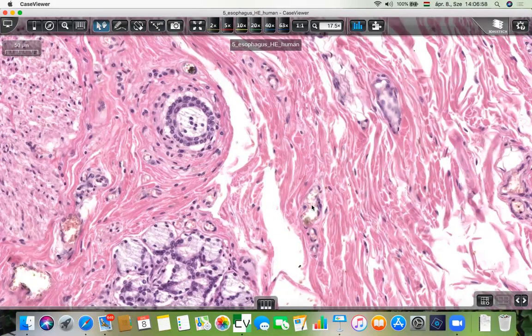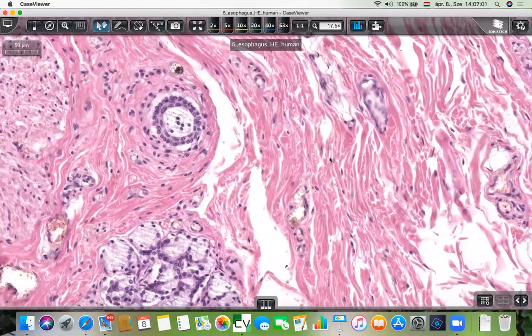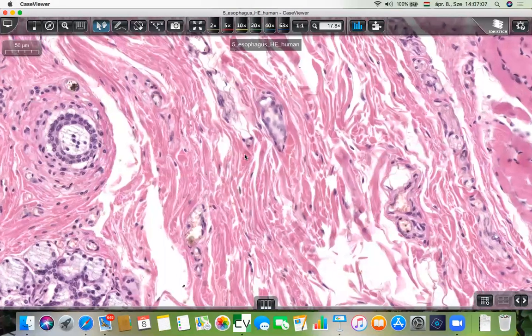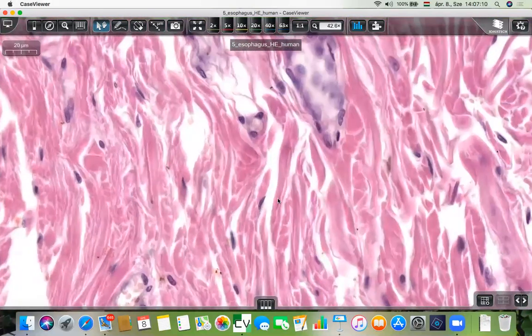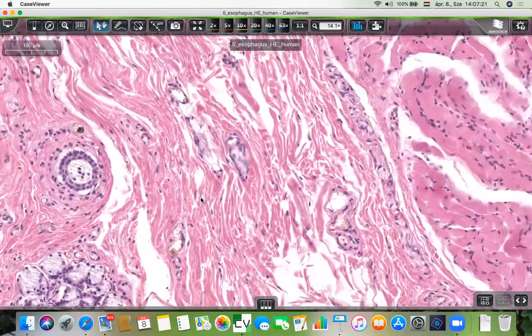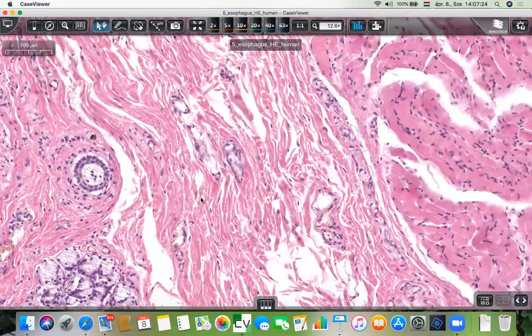And definitely the main components of the submucosa are the collagen fibers. So these coarse pinkish bundles are the collagen fibers, with fibrocytes. The fibrocytes secrete them, so they are the main components of the submucosa.